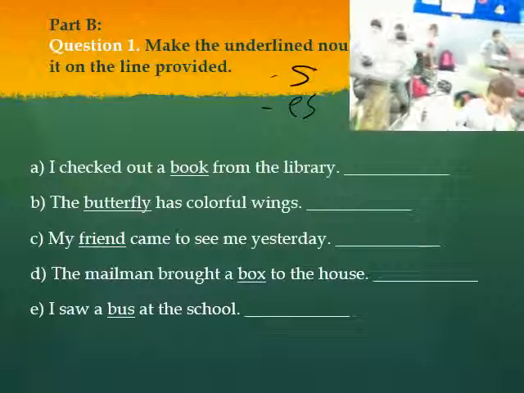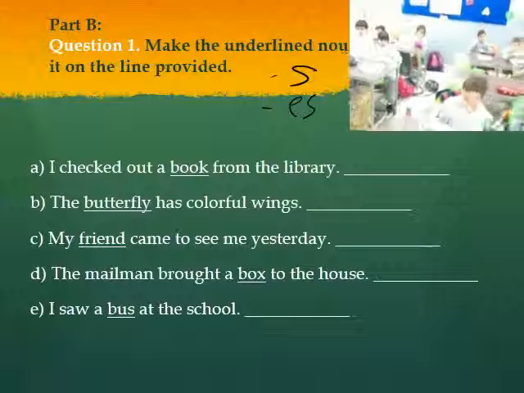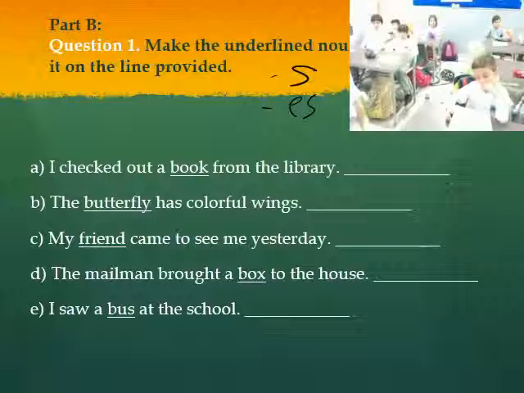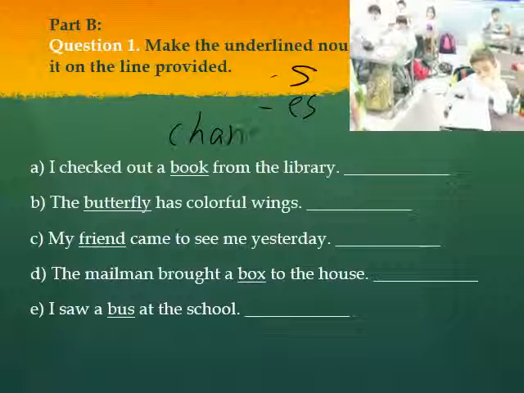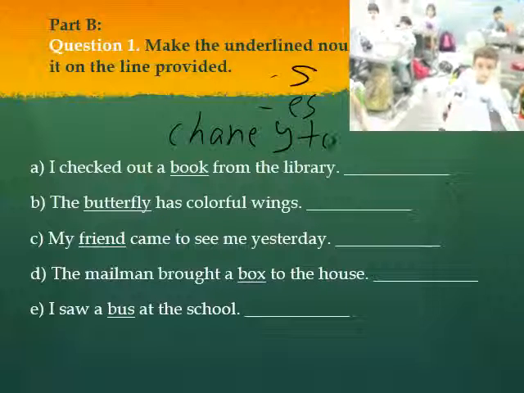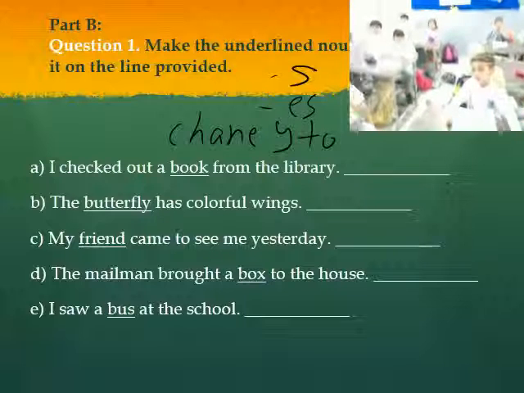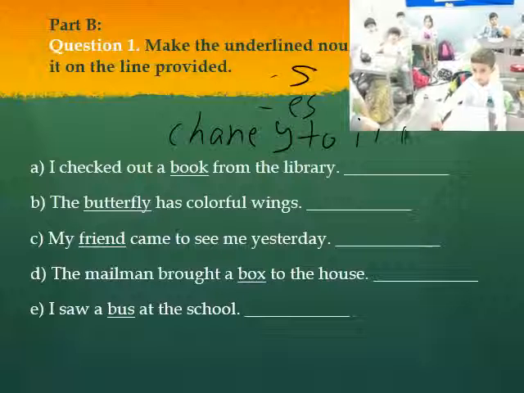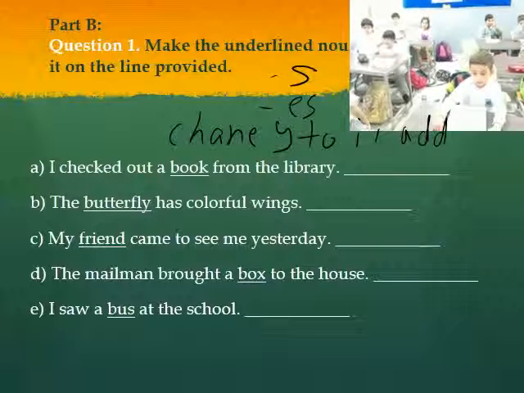And when we have a noun that ends with a consonant Y, we change the Y to what? To I, and then add es.